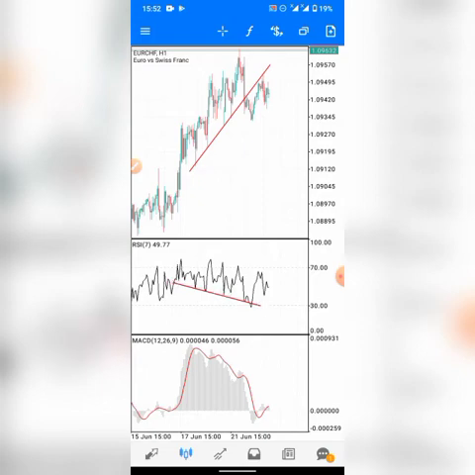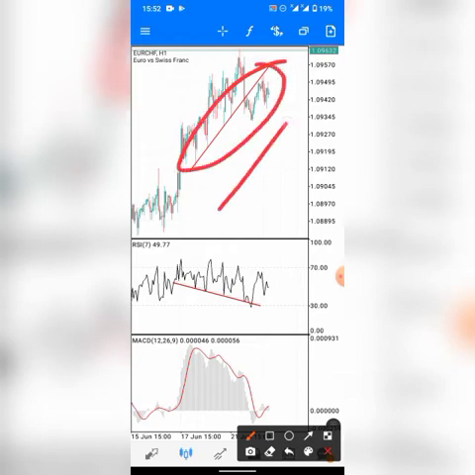The market is moving upward, and when we connected the lows of the market, now we are connecting the lows of the RSI indicator, so you can see that it's moving in the opposite direction.